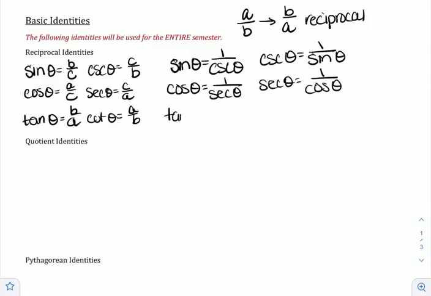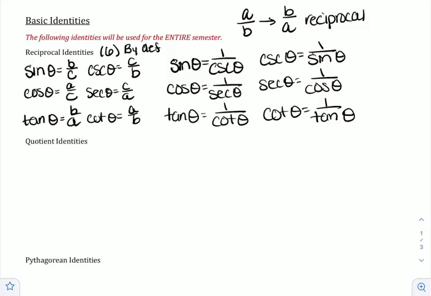And the tangent of theta is 1 over cotangent, or the cotangent of theta is 1 over tangent. So there are 6 reciprocal identities. I'll put them here. And again, they are true by definition, by just the definitions of the 6 trig functions.